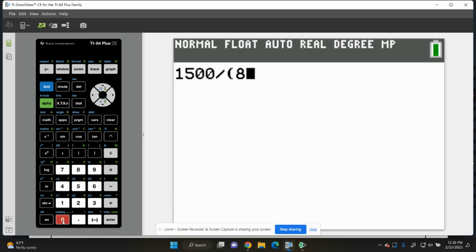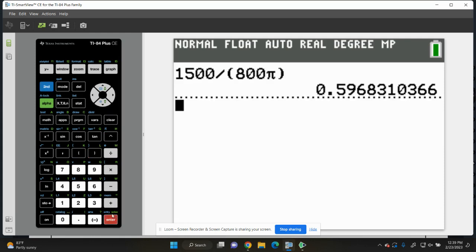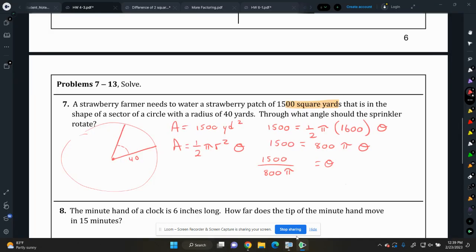Divided by 800 pi, and I get 0.5968. This is a case where we want to convert this back to degrees. Leaving it as radians like that really doesn't make sense.